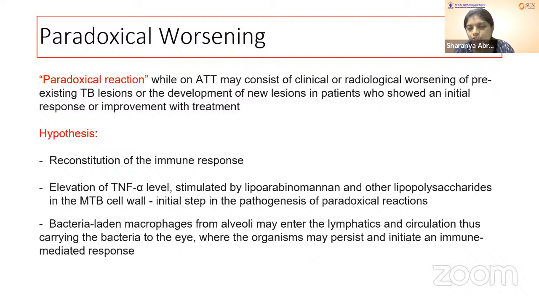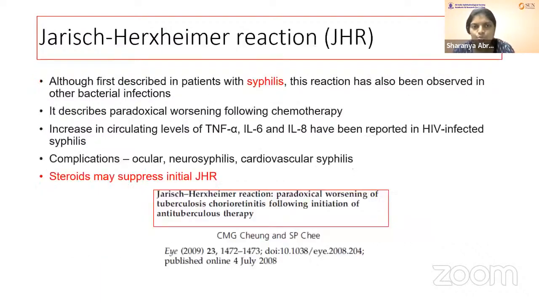This serves as an initial step in the pathogenesis of paradoxical reactions. Bacteria-laden macrophages from the alveoli might directly enter the lymphatics and circulation, thereby carrying the bacteria to the eye where the organisms persist and initiate an immune-mediated response. The common thing is the immune response.